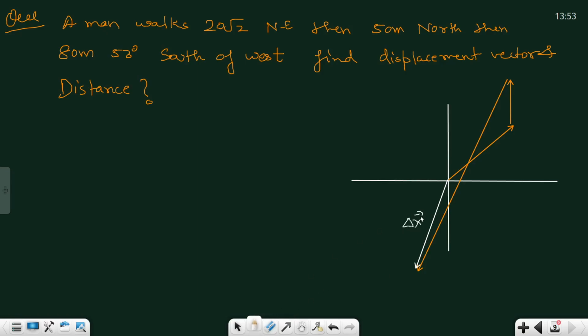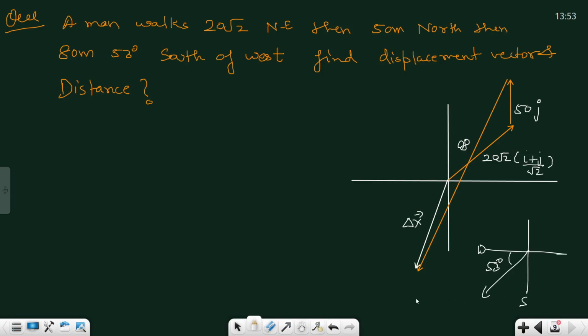This is delta x finally. Initially 20 root 2 northeast, so it will be (i plus j) by root 2. Then 50 meter in north direction. Then 80 meter in this direction. So what will be the direction of 53 degrees south of west?